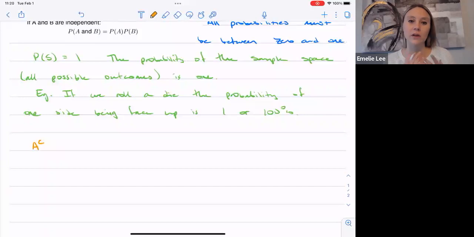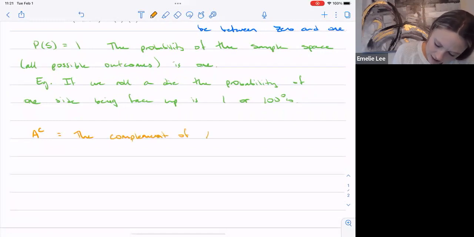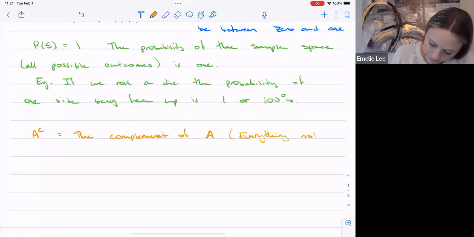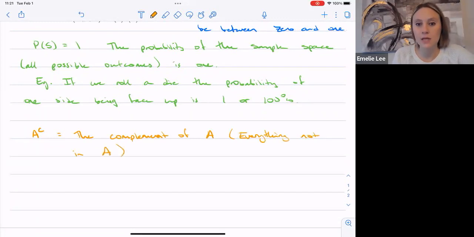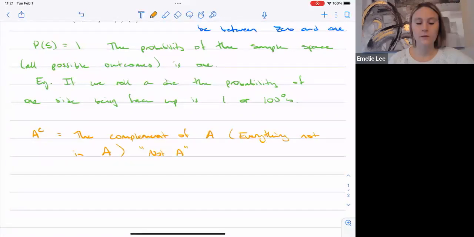Or instead of saying the complement of A. So the complement of A is everything not in A. And sometimes I'll read this as not A, just to kind of simplify things a little bit.